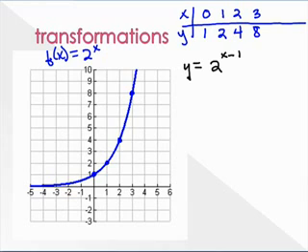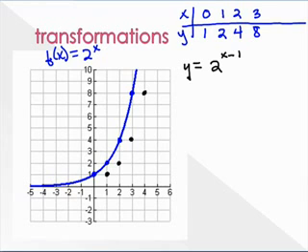So if I take each of these points that we had here, like 0, 1, and I go 1 over to the right, I end up with the point at 1, 1. If I take the point 1, 2 and go 1 over, I get 2, 2. 2, 4 becomes 3, 4. 3, 8 becomes 4, 8.